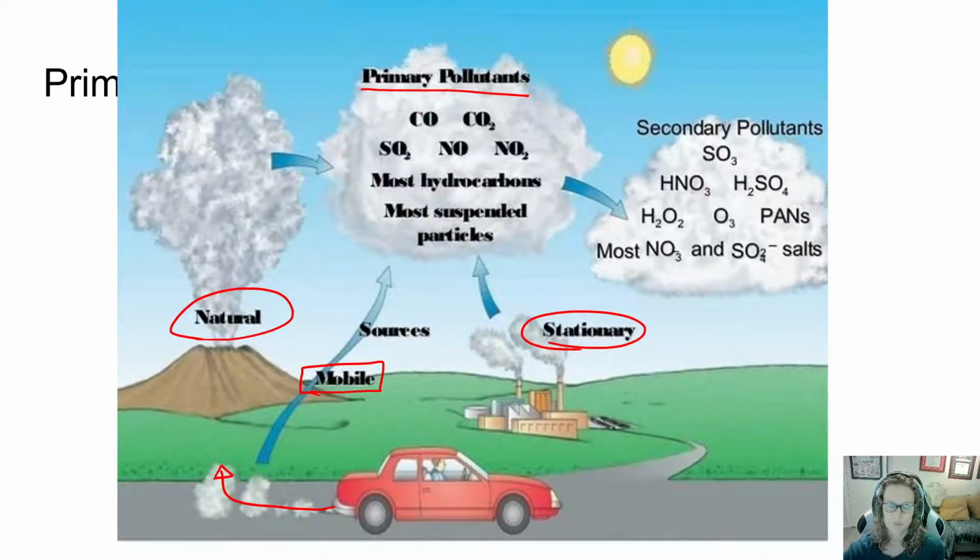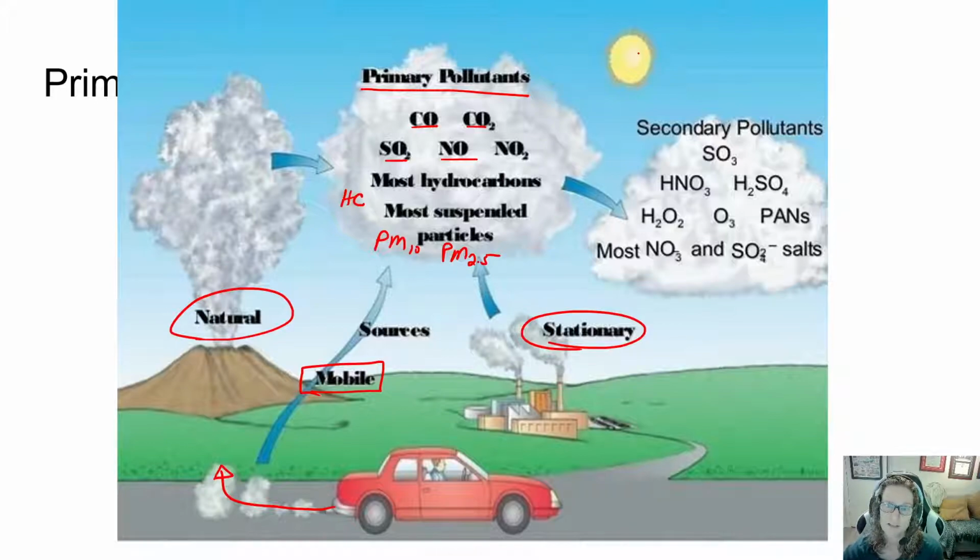And so these primary pollutants are coming out straight from these sources. So carbon monoxide, carbon dioxide, the sulfurs, the NOxes, a lot of hydrocarbon combinations, and a lot of the PM particles, the PM10s and the PM2.5s. Comes straight out of the smokestack or out of the volcano or out of the tailpipe.